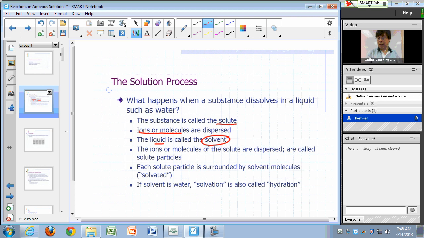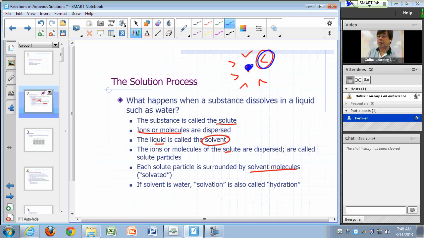Okay, and like I said, the solute particles, the ions or the molecules from the solute, are surrounded by solvent molecules. So this process where you have an ion surrounded by water molecules, if I represent these water molecules by these, and this would be your ion right here.